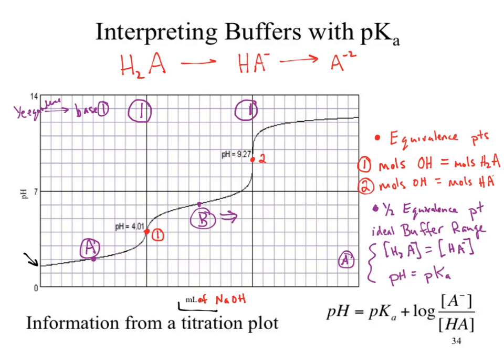What are now our true statements? We're in another ideal buffer range, but I don't want to rewrite that. What do I know about the concentrations? The concentration of A minus is equal to the concentration of A 2 minus, which then tells us that the pH will be equal to the pKa.